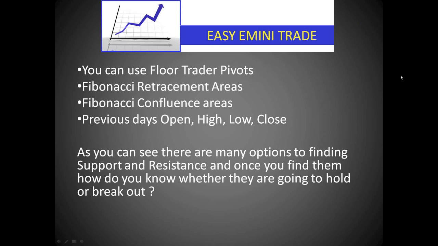You can use floor trader pivots, Fibonacci retracement areas, Fibonacci confluence areas, previous day's high, low, open, close. The list goes on and on. So what are you going to use? I'd like to use the market profile chart using the volume value areas.